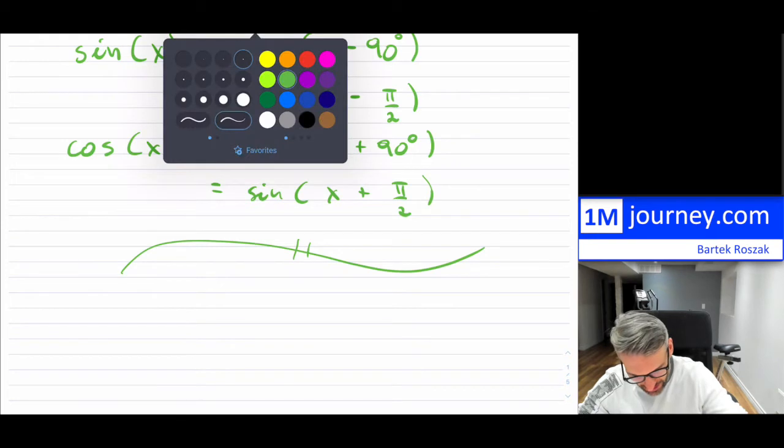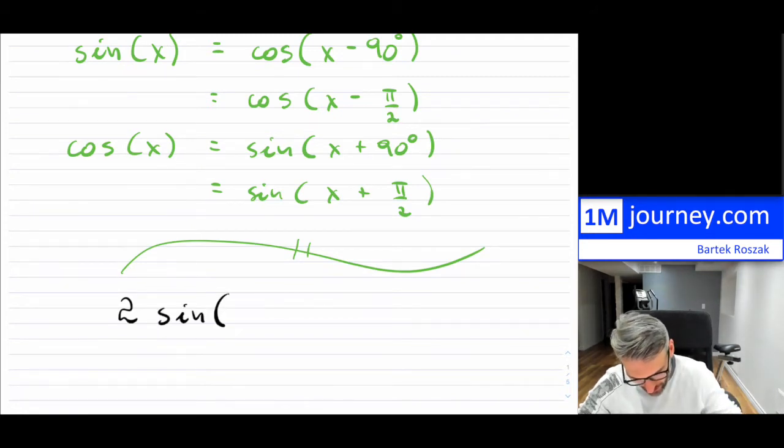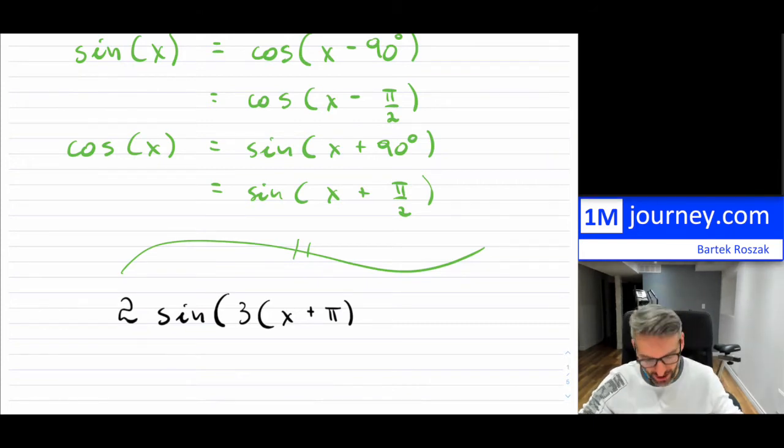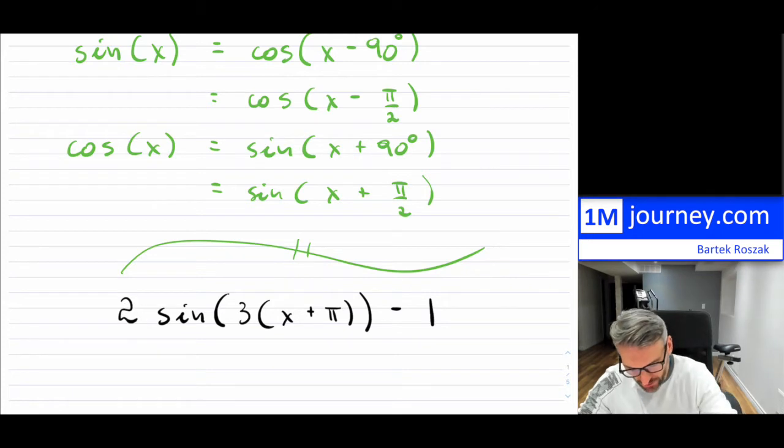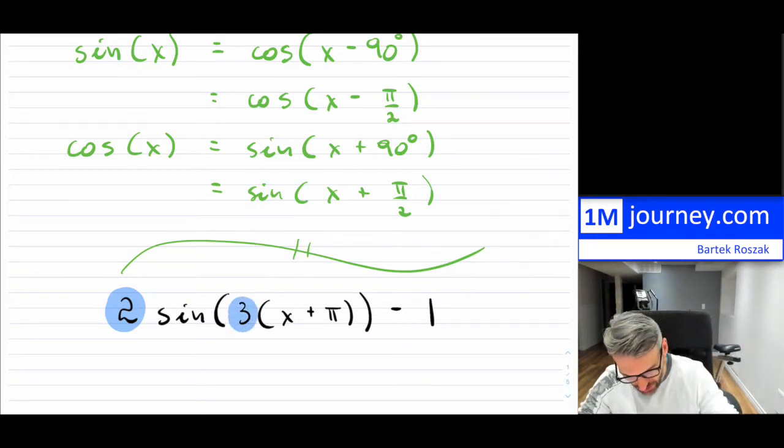Here's an example: 2 sine of 3x plus pi, if it's in radians, or 180 degrees, and then minus 1. All of these numbers: this one is basically the amplitude, this was like your A.